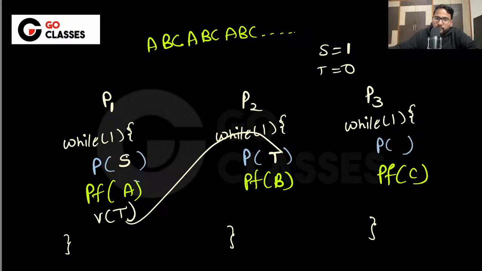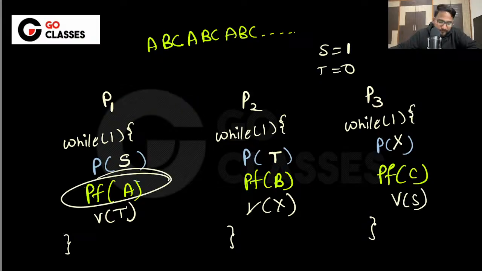Then you can print B, and after that only you want to print C. So maybe you can take another, V of X, and this is X. And after C you want to print A, so this will be V of S.